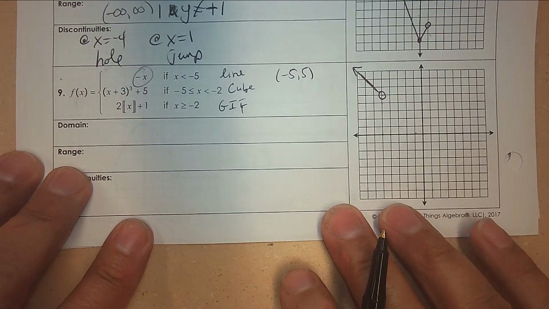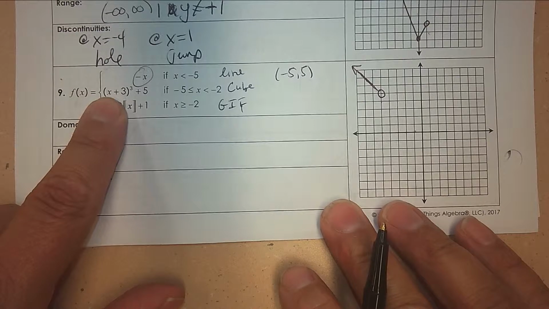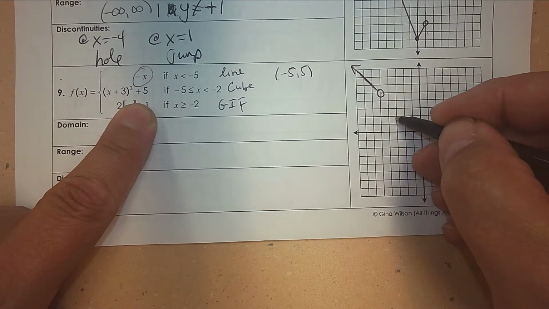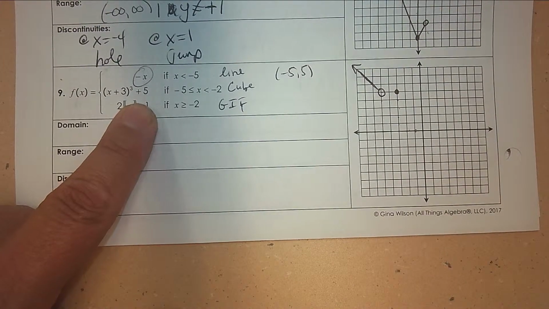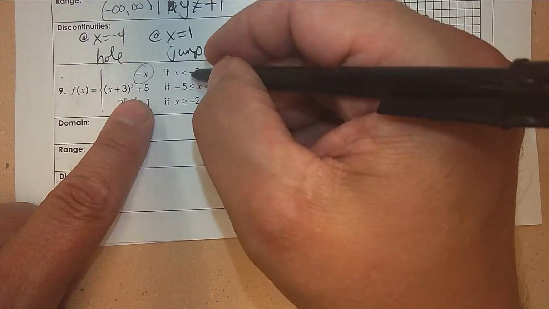The middle one's a cube at negative 3 and positive 5. That's going to be your point of inflection at negative 3 and 5. I need to plug in -5 and get an answer.